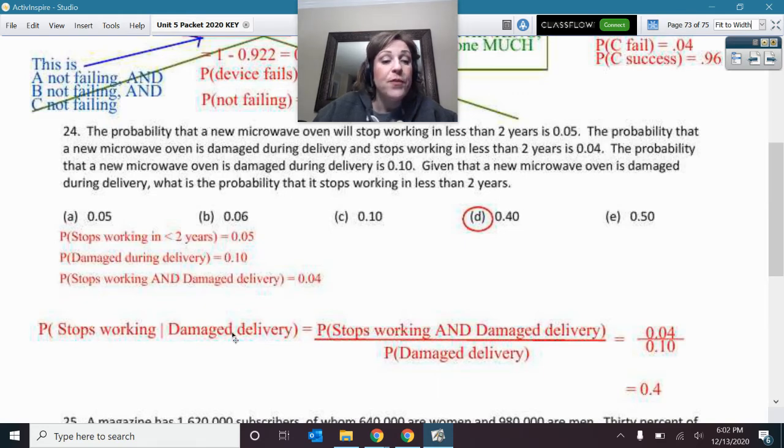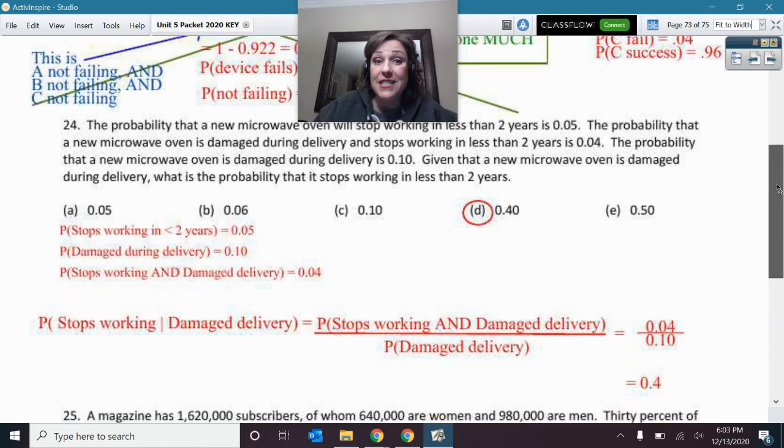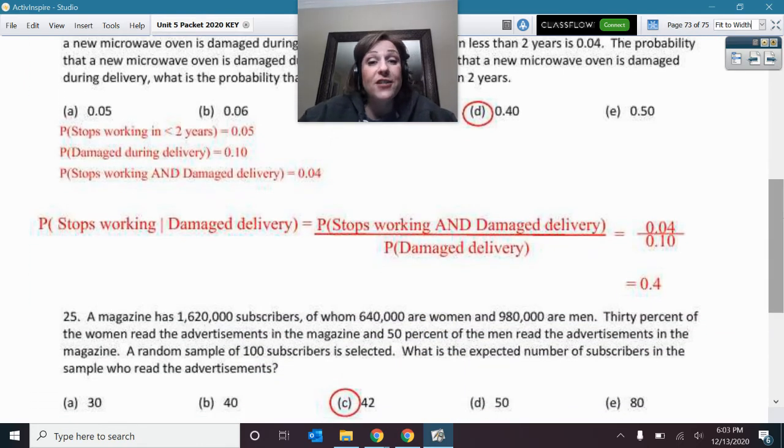So then that's the overlap, because what goes on top is the overlap of stops working and being damaged. So that's your 0.04. So if it's damaged, so that's interesting. If it's damaged during delivery, then there's a 40% chance that it's going to stop working within the next 2 years. Okay, so I might raise a little stink about that.